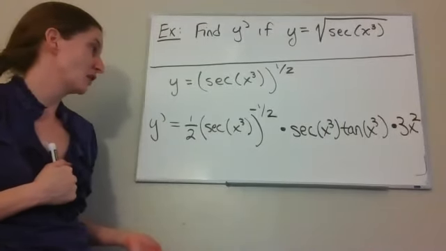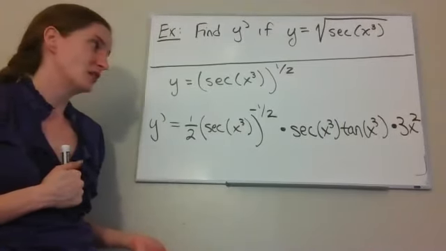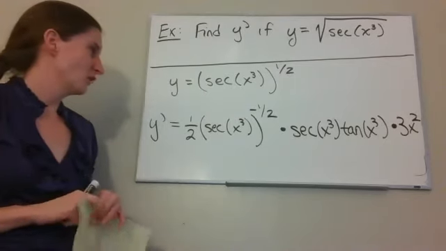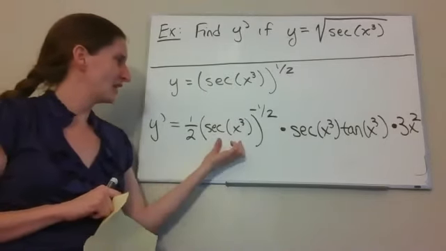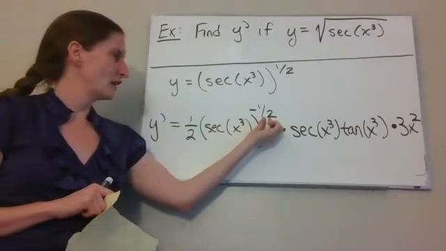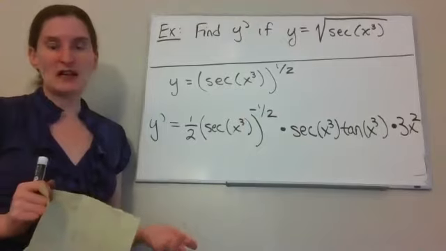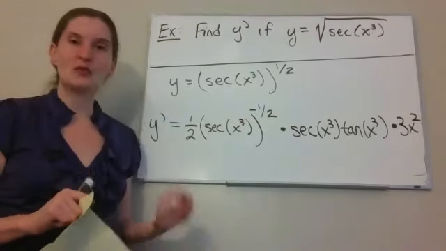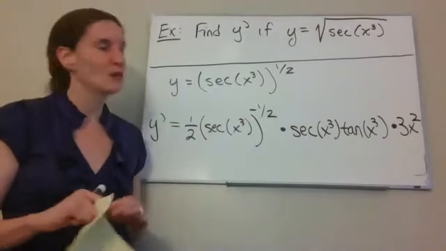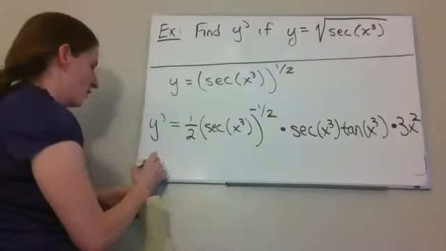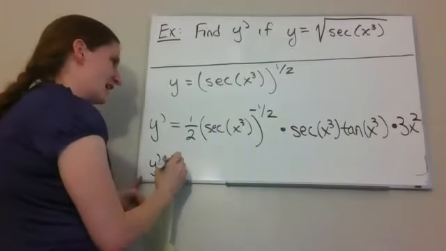And there we go. We could try to simplify this. I, again, personally would not really do much. Really, all you can do is we have a secant of x cubed to the negative 1/2 and a secant of x cubed to the first. You multiply those together and you get a secant of x cubed to the 1/2 power. So we might want to do that. So about as simplified as it can get.